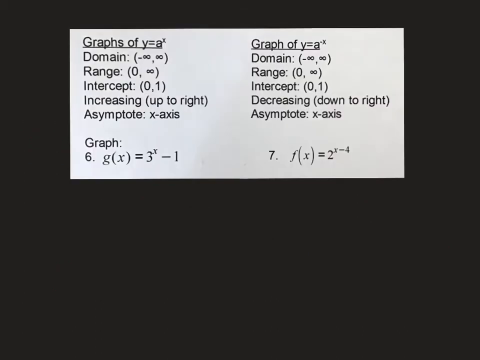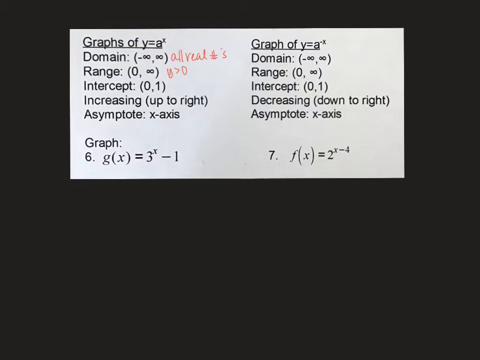So generally speaking, all of these things are true for graphs that have a form of y equals a to the x power. So a positive exponent with our base of a. So our domain is -infinity to +infinity, which is the same thing as all real numbers. Our range is 0 to infinity, which is the same thing as y greater than 0.